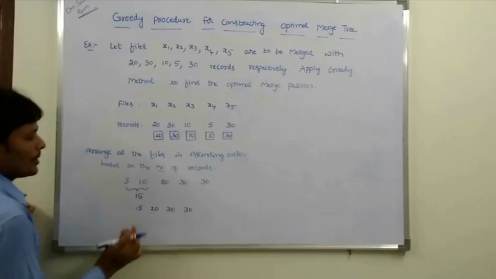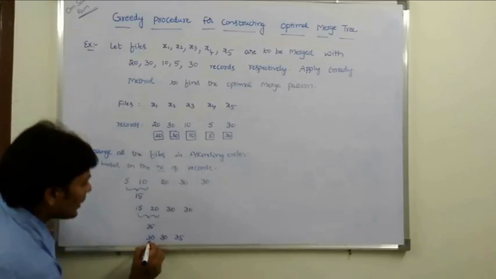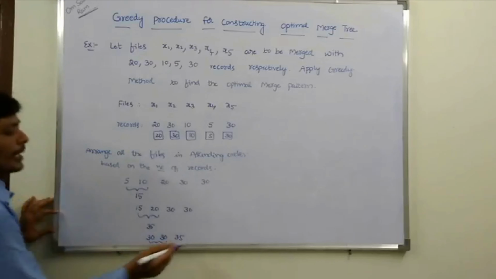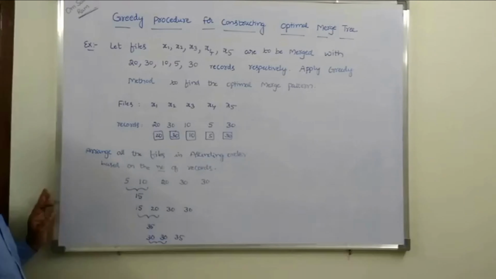Again, always select the two smallest files and merge them. Whatever the merged file we are getting, that merged file is inserted into the sorted list at its correct position. Now 30, 30, 35. Among them, the smallest two file sizes are 30, 30. Now we are getting 60. So this 60 can be inserted into the sorted list.